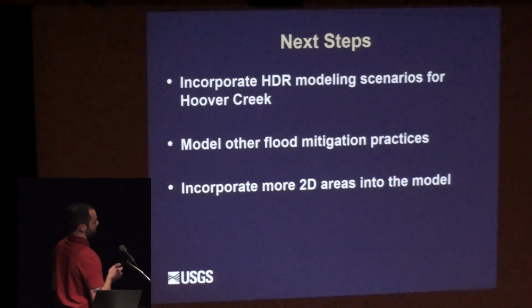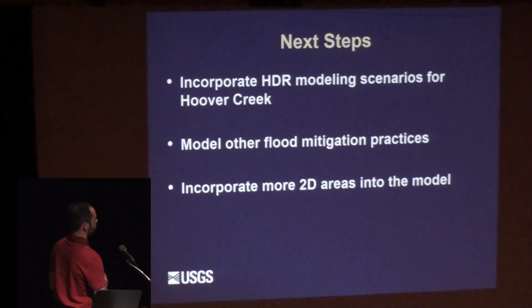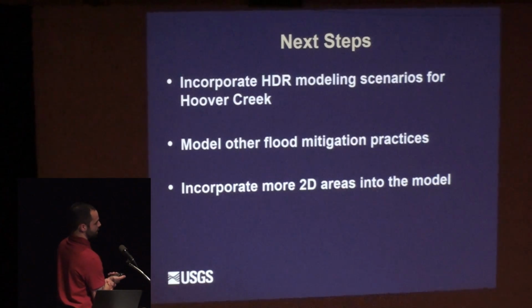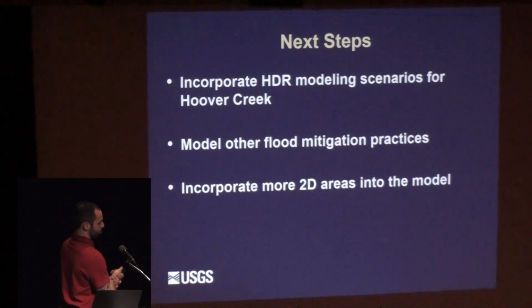So next steps for this project, because it's ongoing, is to incorporate the scenarios or designs that are chosen for Hoover Creek that are being designed by HDR, and then also model any other flood mitigation practices they might want to use, like a side channel or off-channel detention structure located nearer to West Branch, that will attenuate more of the flood wave than a structure that's all the way on the upper end of the watershed.